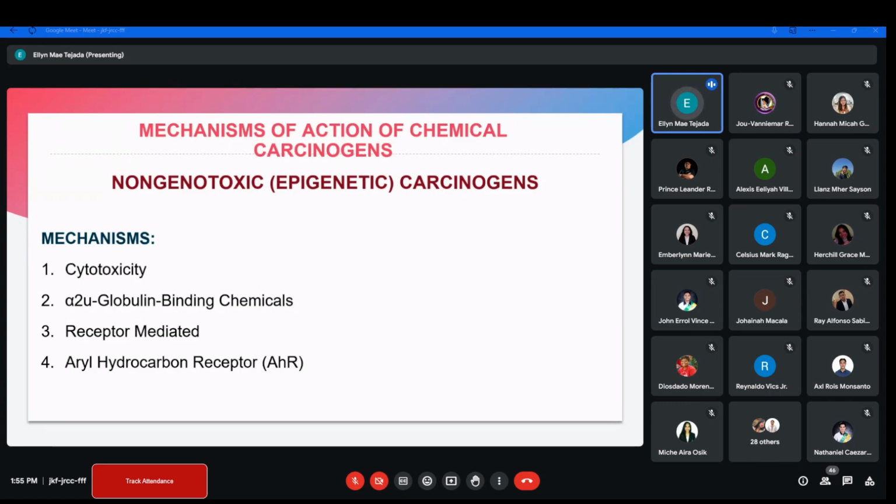So aside from that, we have the alpha-2-globulin binding chemicals, which have the ability to bind onto globulin, which prevents the digestion of the alpha-2-globulin and could result in accumulation in lysosomes. So these are all part of your organelles.